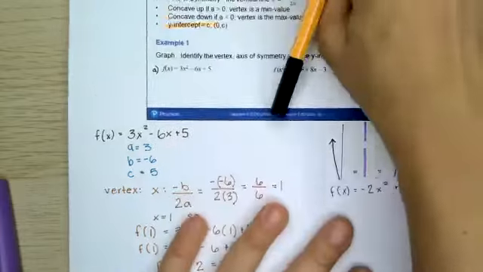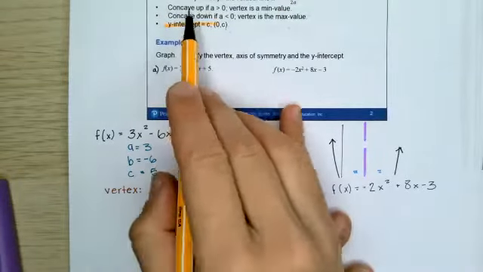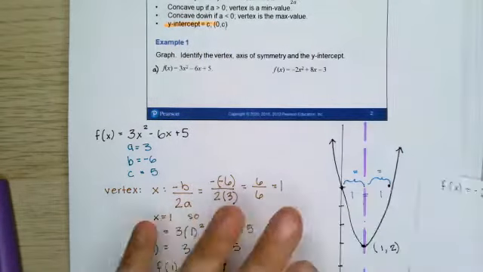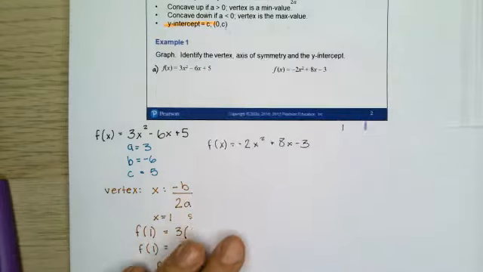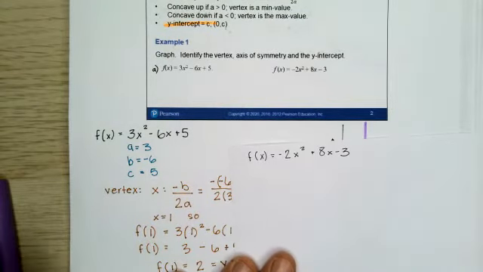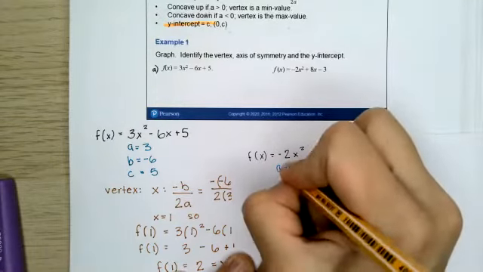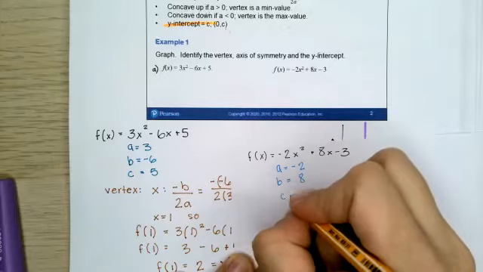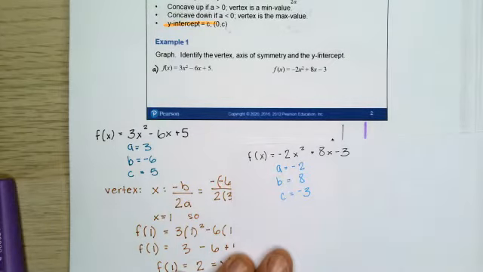Oh, sorry, you can't see that. This one was positive 3x squared, so it opens up. This one's a negative 2x squared, so it should open down. Good. F of x equals negative 2x squared plus 8x minus 3. Talk about what A, B, and C are. A is negative 2. B is 8. C is negative 3.